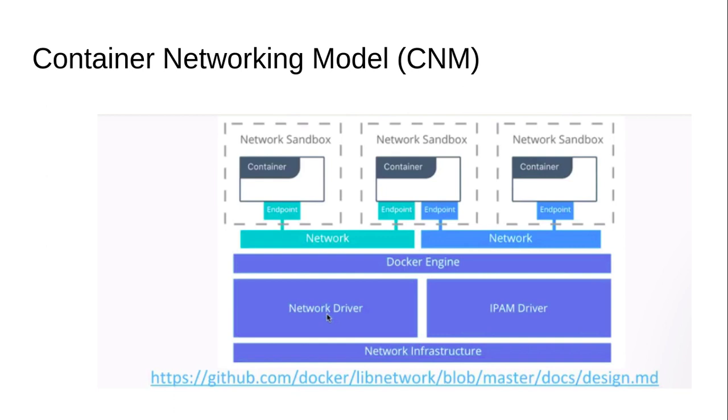Now, if you see the fourth layer after the Docker engine, we have networks. We create different networks. Let's say I have a group of containers which require a separate network, and then another group requires a separate network. So we can group those containers in different networks. The containers interact with the network through virtual interfaces.